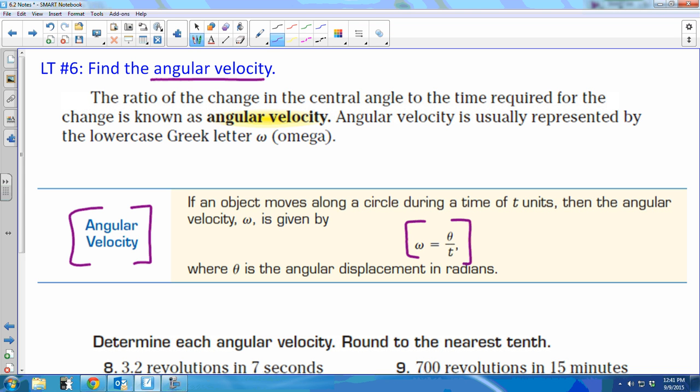Angular velocity is represented by a lowercase omega. That's what that w is. It's the amount of radians an object is traveling in a certain amount of time. It has to be circular motion, obviously.